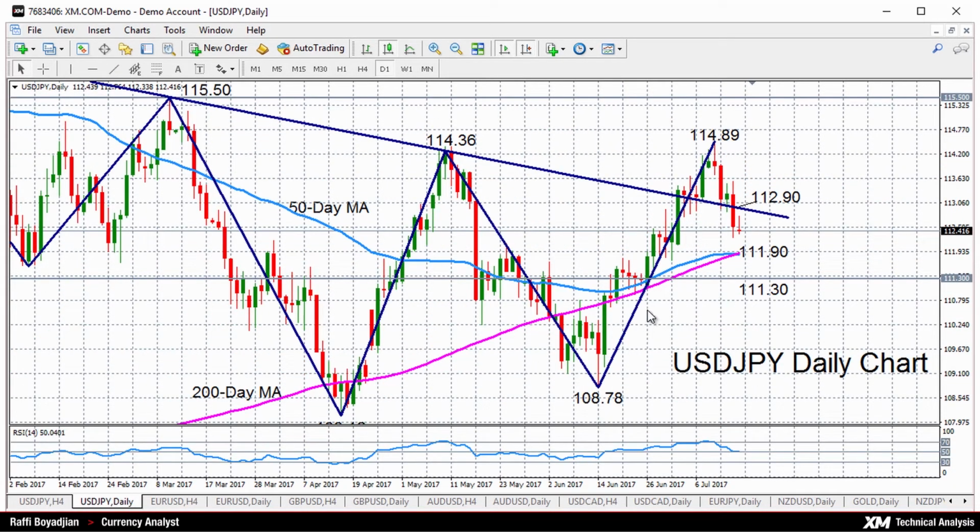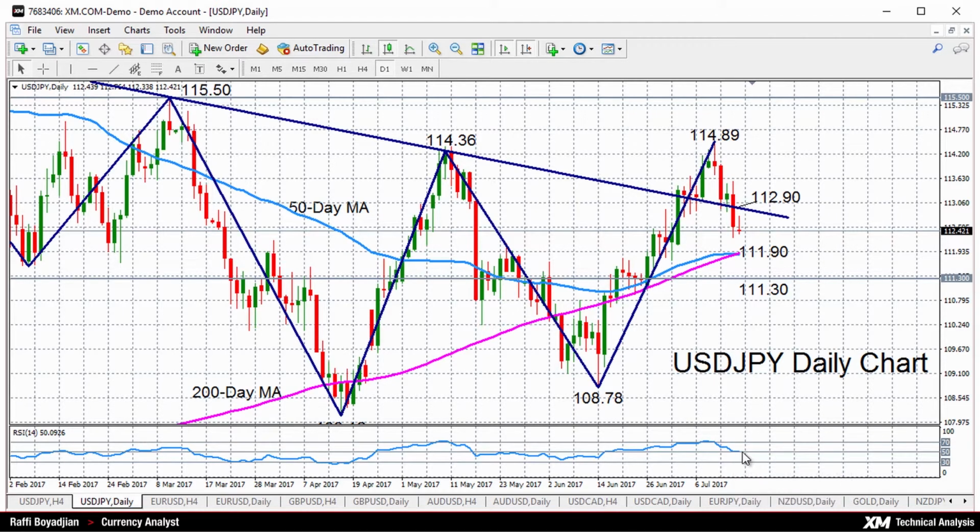If you look at the daily chart, we can see it's a bit of a mixed picture. The consolidation we've seen since December is pretty much intact. We can see that there is resistance coming from this particular trend line at 112.90, and further down on the daily chart we see resistance where the 50 and 200-day moving averages are just about crossing into each other at the moment at 111.90.